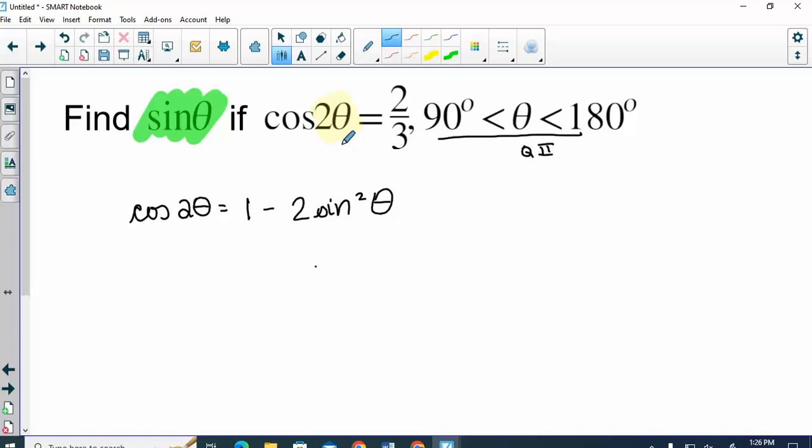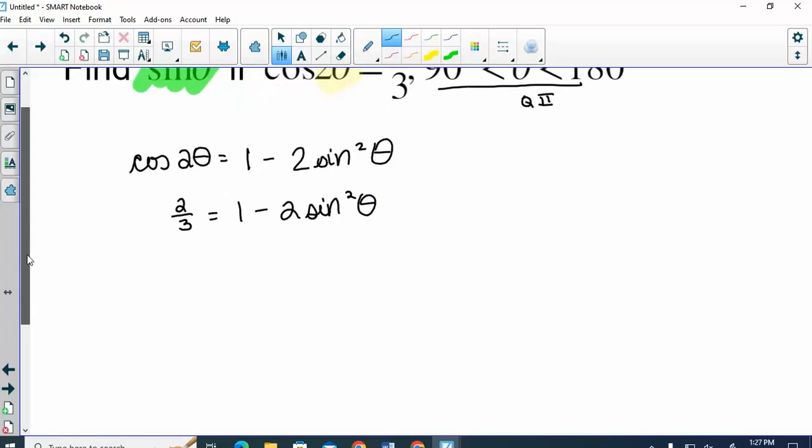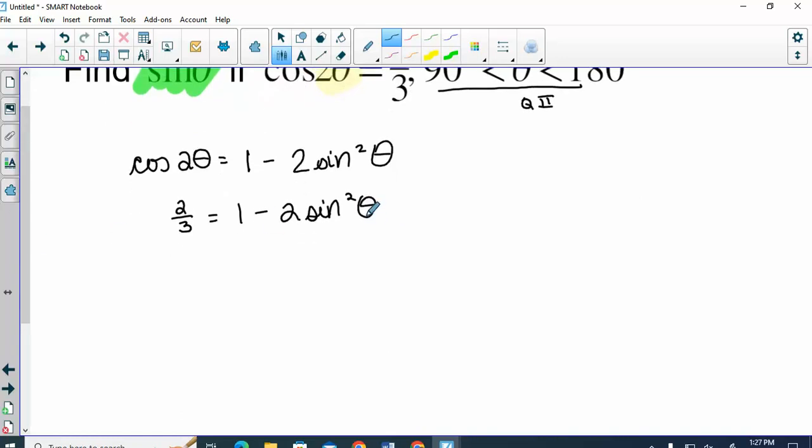So now we substitute in. Cosine of 2 theta is 2/3. So I have to solve this equation for sine, get sine by itself.